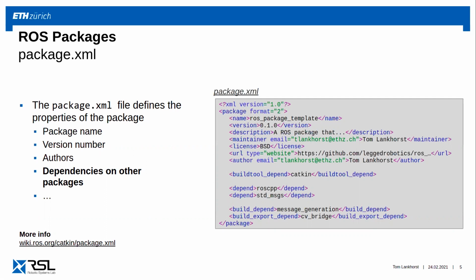There are more types of dependencies for different cases, and the link that you see in the bottom left will explain all these different possibilities. When you use catkin generate package to generate a new package, you will get a standard package.xml file, which you can use to specialize to your needs.